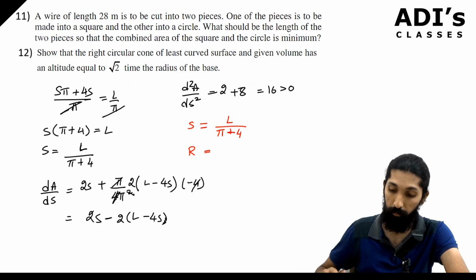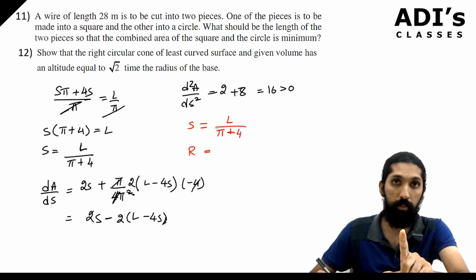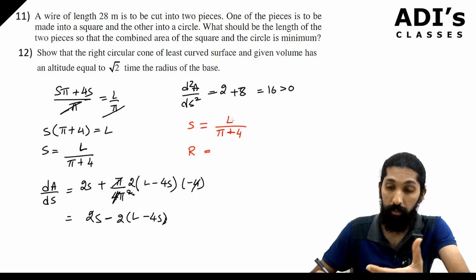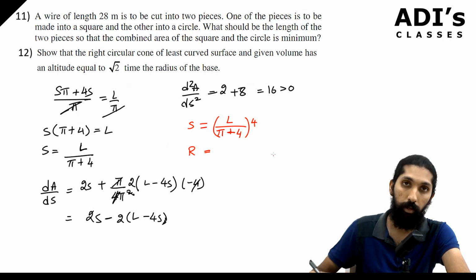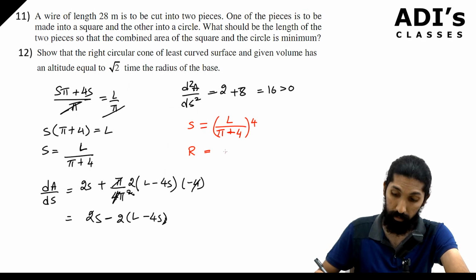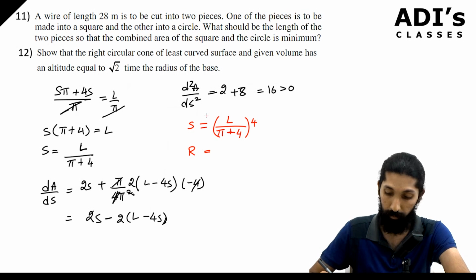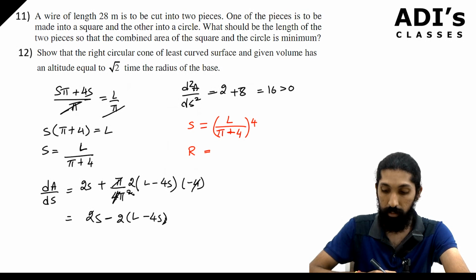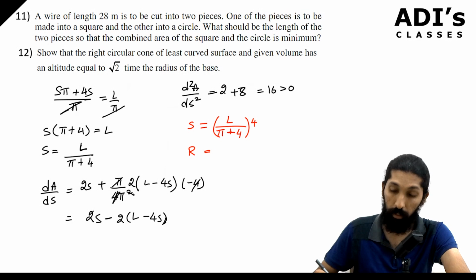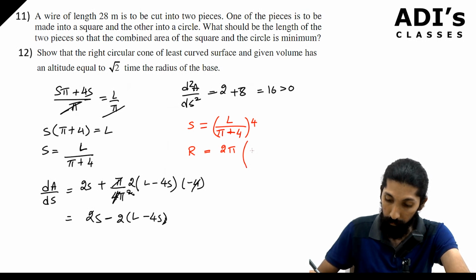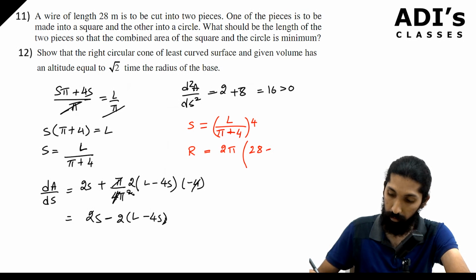One will be the side of the square, so the entire perimeter of the square is this multiplied by 4, correct? So the radius is going to be (L minus 4L by (4 plus pi)) divided by 2 pi. So the circumference is going to be 2 pi into that.